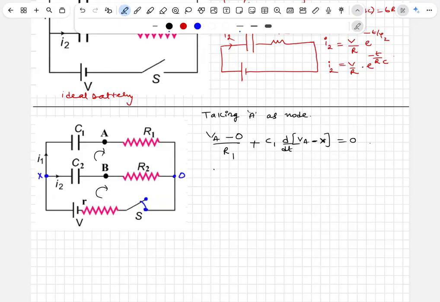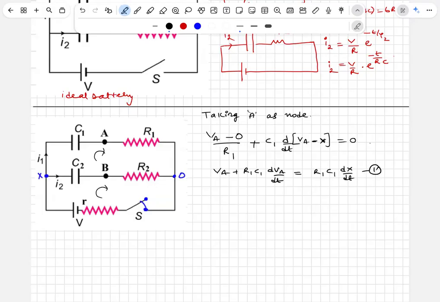So therefore, VA plus R1 C1 dVA by dt is equal to R1 C1 dX by dt. Equation 1. X is also changing.